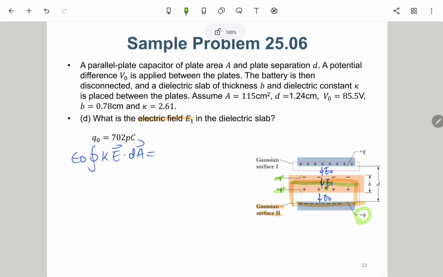They are the same effect. So we only have this negative charge, negative Q here.